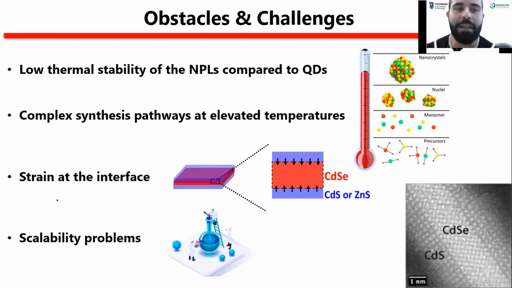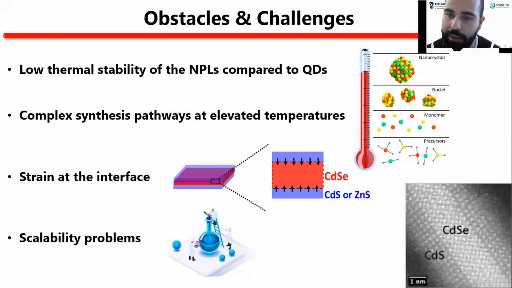The third problem is the strain at the interface. In the core shell material, we have an interface, and we have two types of material. Because of the mismatch between the two lattices, we have a lot of pressure on this interface, and at elevated temperature, this pressure is maximized, and it's not good for the quality of the platelets.